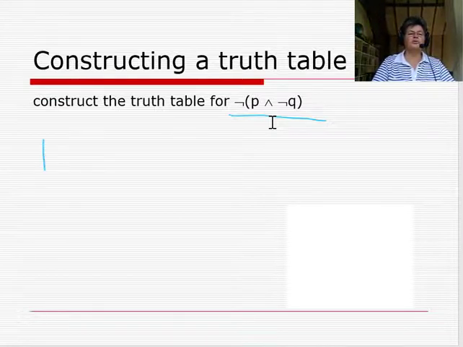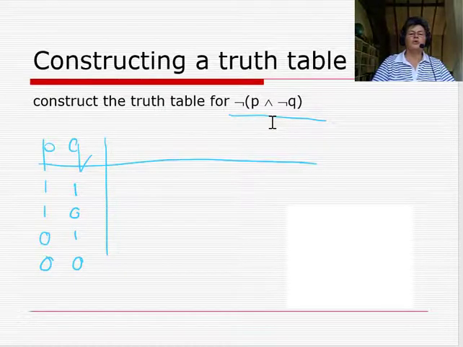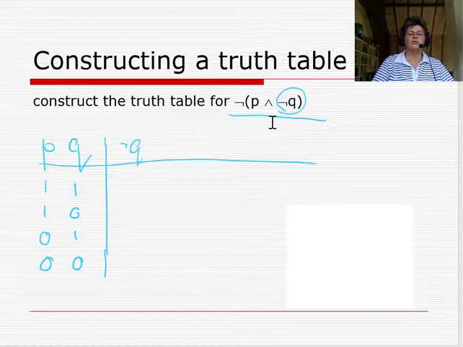So we have two elements, P and Q, and these 4 possible combinations. Then what we will do is we just start with the smallest element first, and the smallest element in this case is not Q. So not Q will give us 0, 1, 0, 1, if you compare it with the second column.